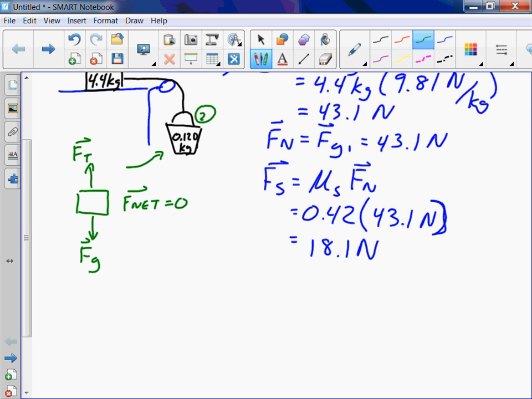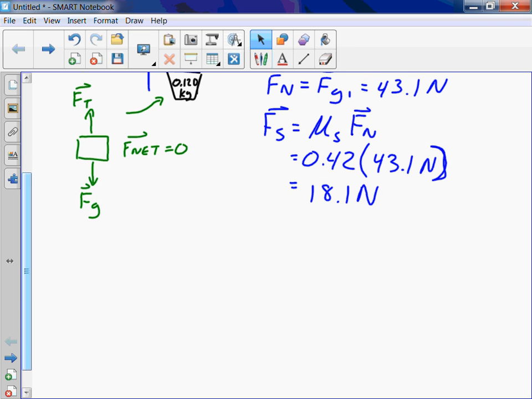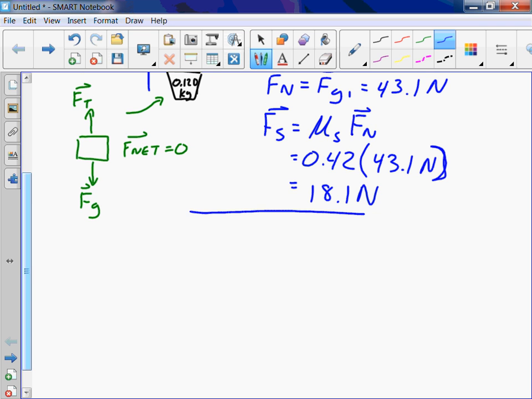This is going to be our plan of attack for part B. So all of these forces are at this point going to be equal.